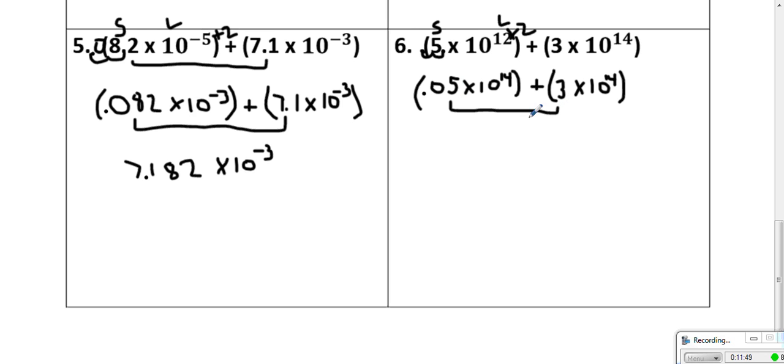No calculator needed. 3 plus 0.05 is 3.05. And again, a number between 1 and 10 to start that off. No further work needed. So, sorry I'm writing like this because it's hard to do on a touchpad. You have 3.05 times 10 to the 14th. And that's how you add and subtract in scientific notation.